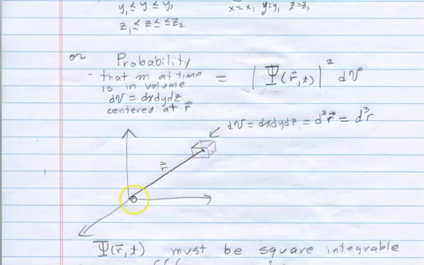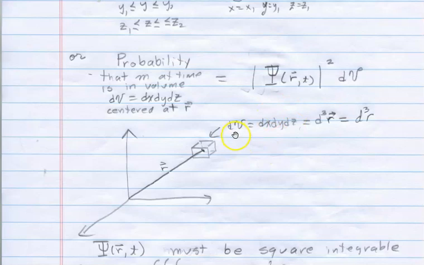So if I want to know the probability of finding the particle in this infinitesimal box with sides dx, dy, dz, centered at r vector, finding the mass m anywhere inside of that at time t, then it's this expression over here. It's simply the wave function squared times the volume of that infinitesimal volume.